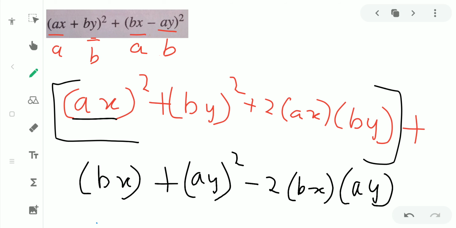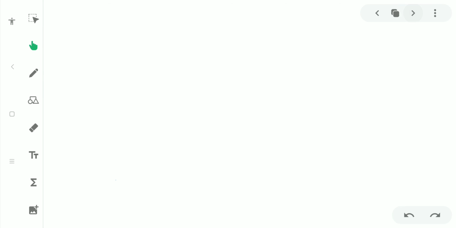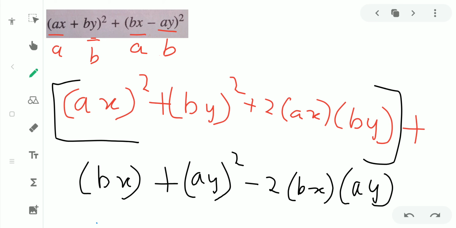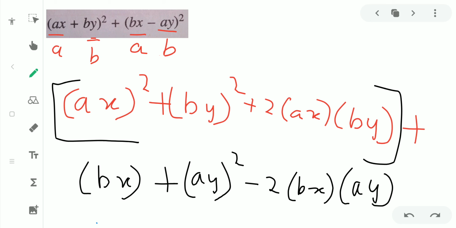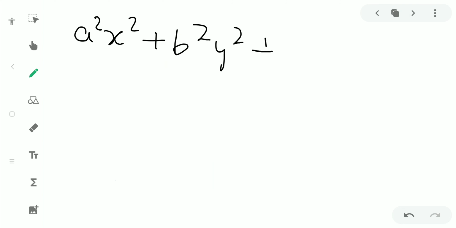(ax) whole square is nothing but a square into x square, plus b square into y square, plus 2 into ax into by.